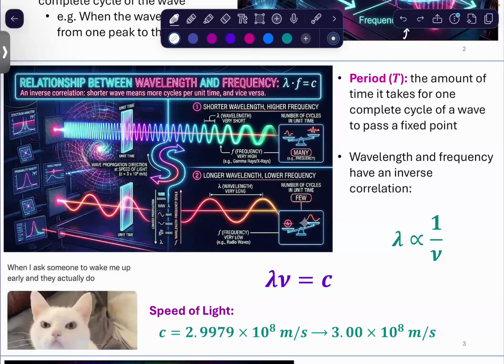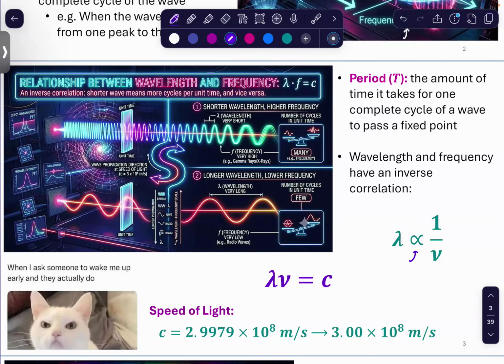As this theory was being developed, what scientists found was that, and we're bringing back our proportional-to mathematical symbol, wavelength lambda is proportional to 1 over the frequency. Now remember, we had another way of expressing this.